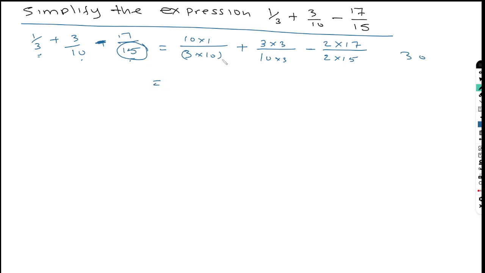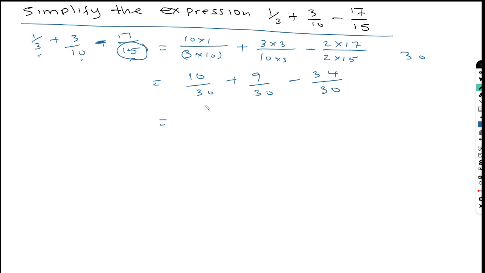Let's go down here. That means it is 10 over 30 plus 9 over 30 minus 34 over 30.